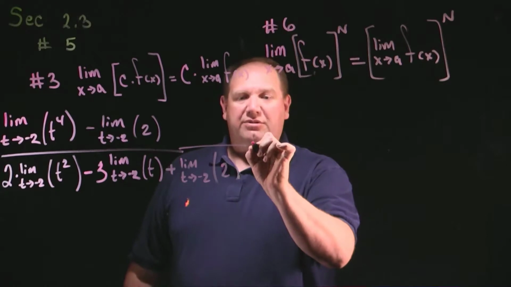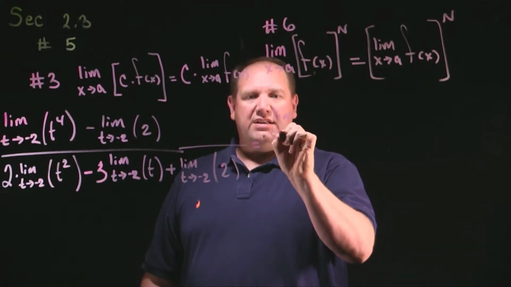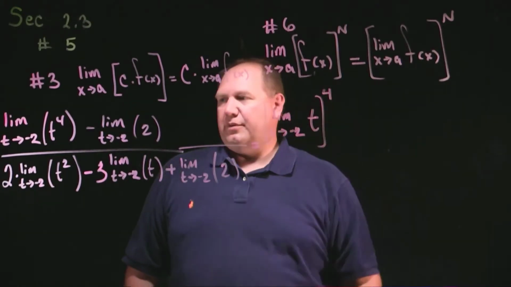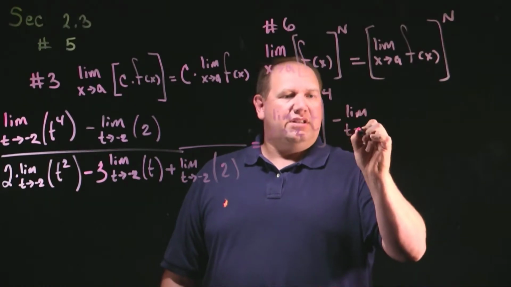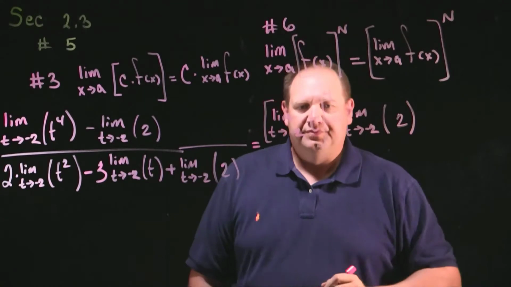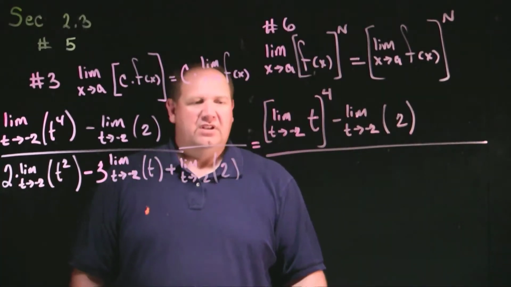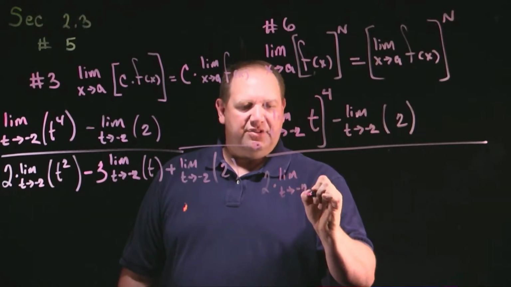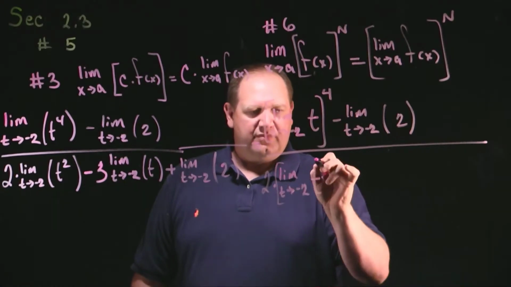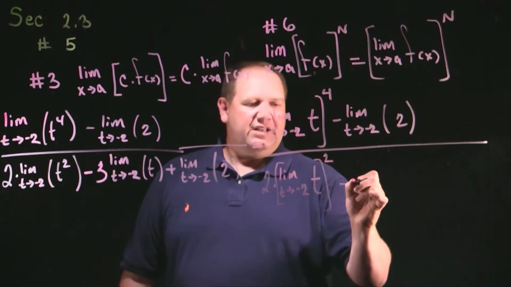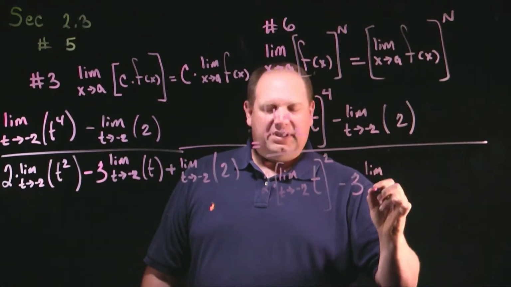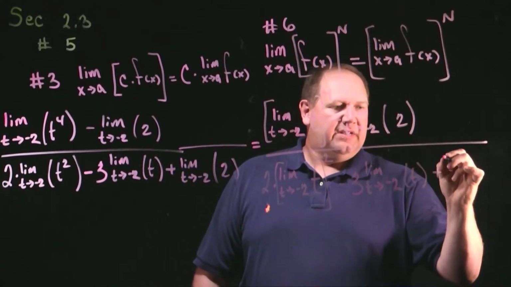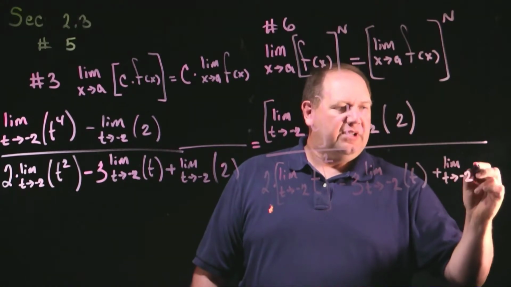So this whole thing is equal to the limit as t approaches -2 of t, all raised to the fourth, minus the limit as t approaches -2 of 2, all divided by 2 times the limit as t approaches -2 of t, and then squared, minus 3 times the limit as t approaches -2 of t, plus the limit as t approaches -2 of 2.